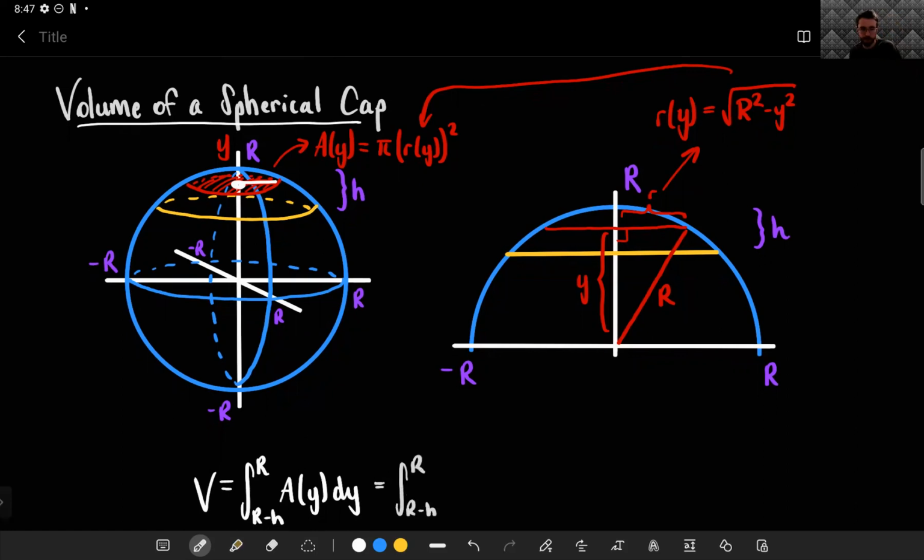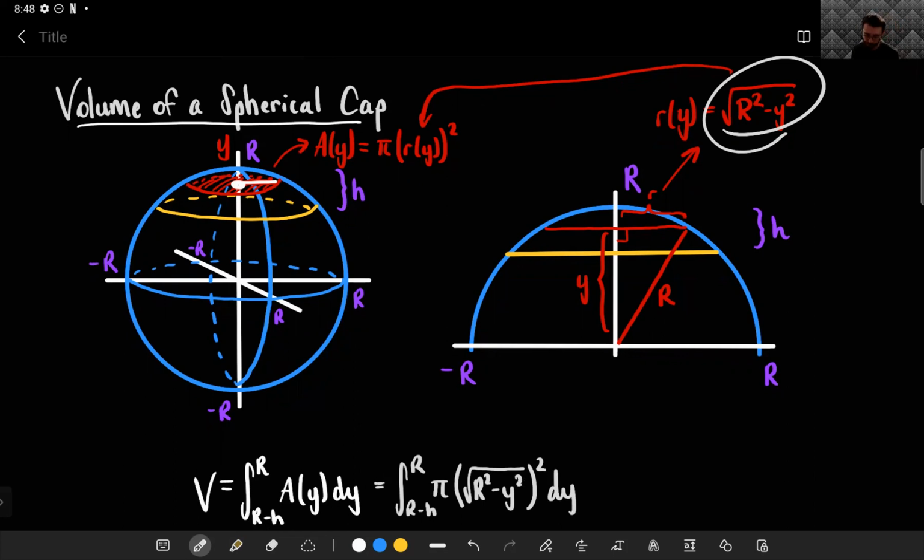Again, R minus h to R, because we're just focusing on the cap. The area becomes pi times this thing squared, so the square root of big R squared minus y squared, and I'm integrating with respect to y because that's the direction I sliced things.